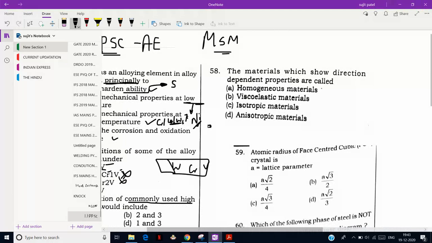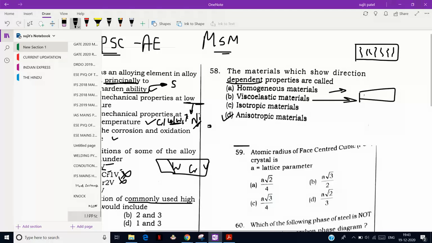Next: the material which shows direction dependent properties is called anisotropic. A homogeneous material means the composition of the material throughout the section is constant. For example, throughout the length and the cross section, if you take a cross section anywhere, the composition is the same. Viscoelastic material is the elastic rubber type material.